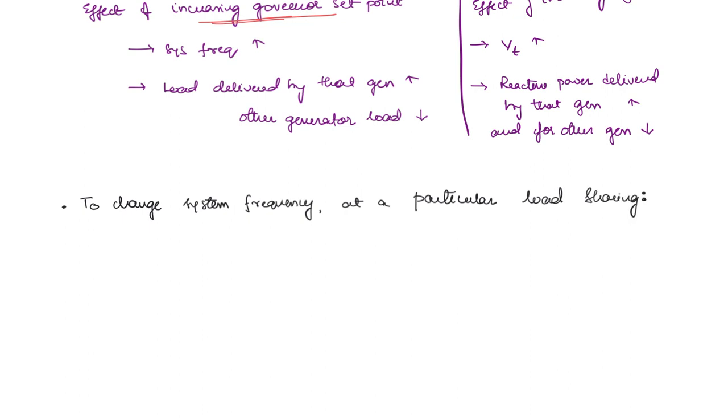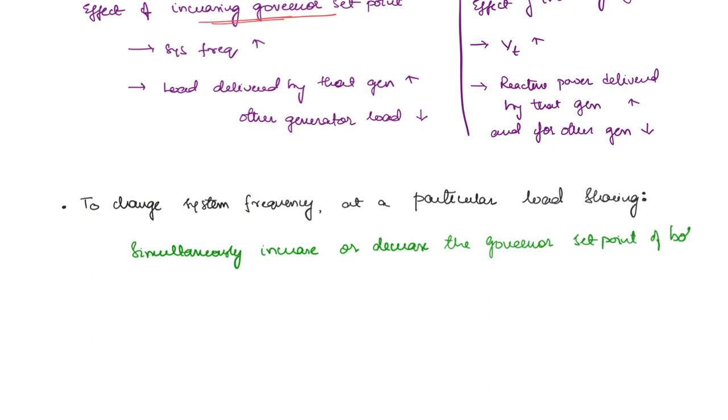We are going to simultaneously increase or decrease the governor set point. If you are simultaneously increasing the set point of both generators, what will happen? System frequency will increase. If you are decreasing the governor set point, then the system frequency will reduce, right?